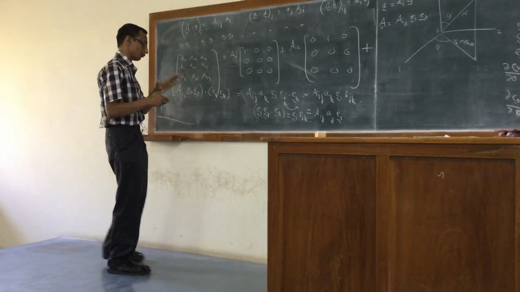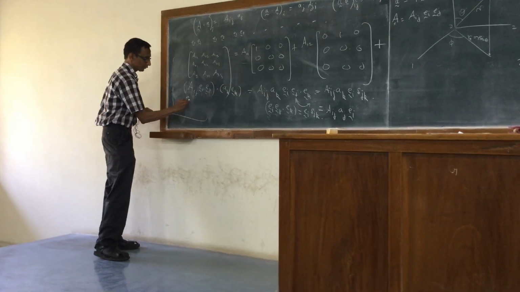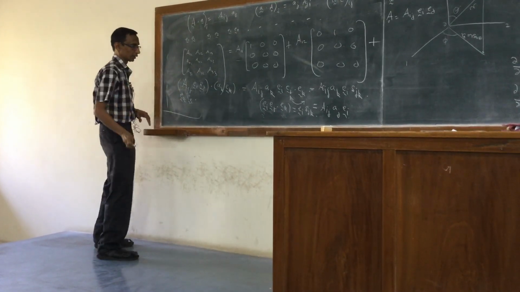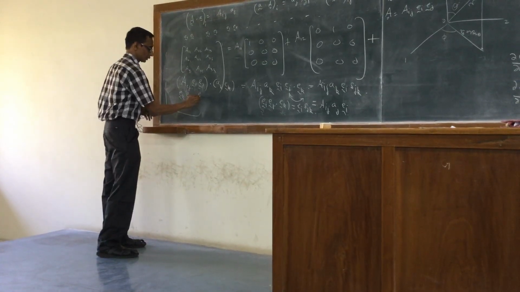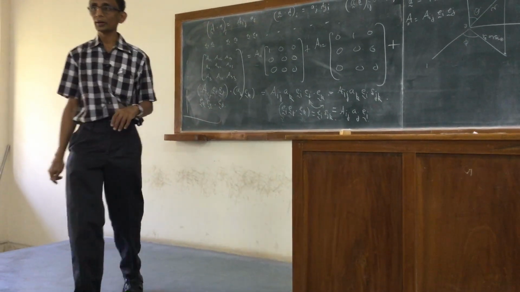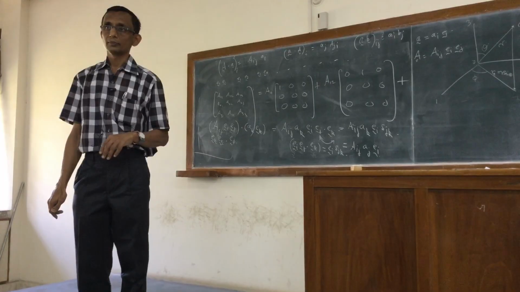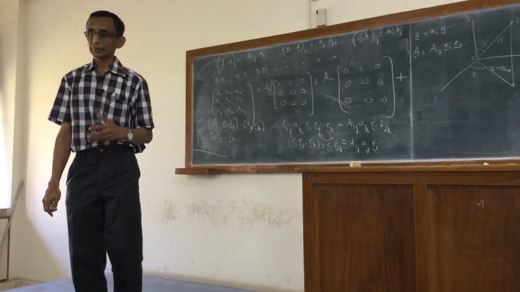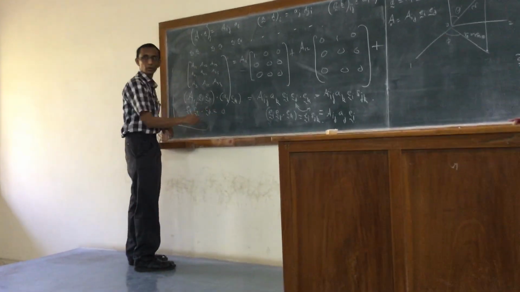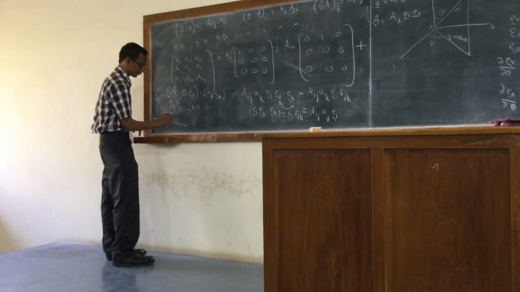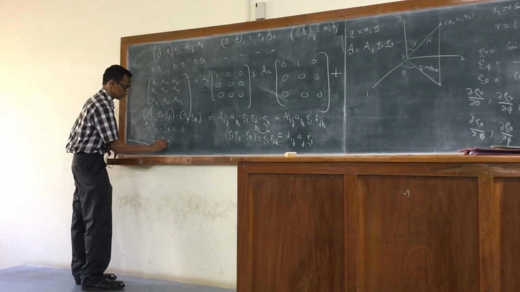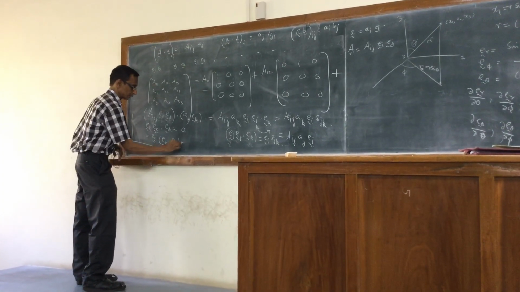You can easily verify, for instance, that e_r e_phi dotted with, let us say, e_z. What do you think this would be? Just guess. You can easily prove that this will be equal to 0, because the same formula would apply here. So this is 0.